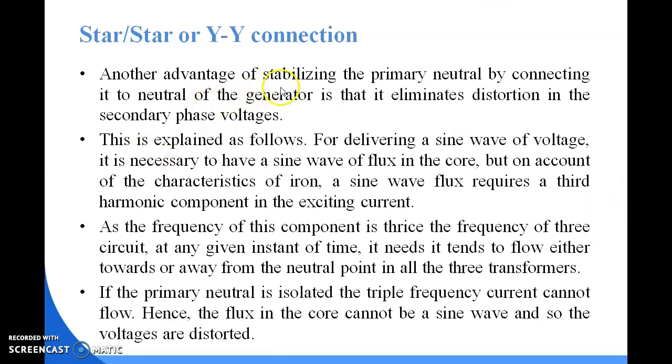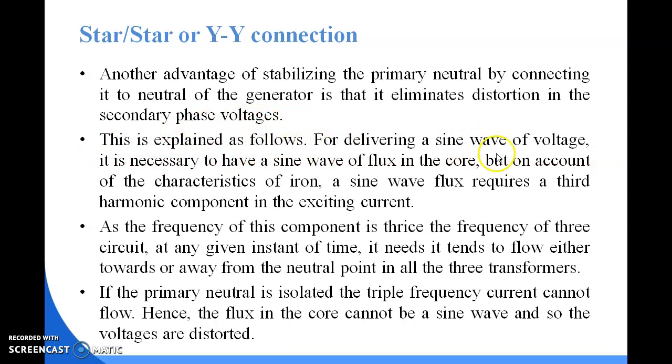Another advantage of stabilizing the primary neutral by connecting it to the neutral of the generator is that it eliminates distortion in the secondary phase voltage. That is, this neutral connection can reduce the disturbances in the secondary phase voltages. This is explained as follows.